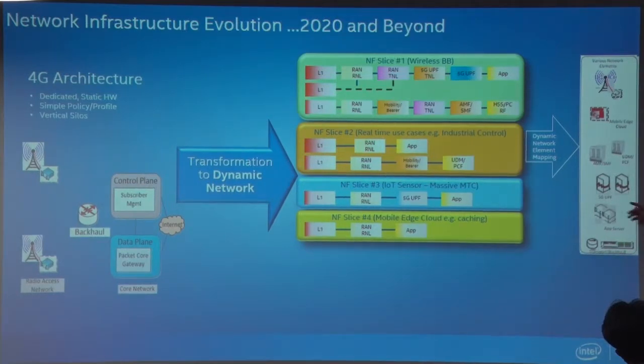In the network there's a lot happening where the device itself doesn't know that it's connecting to slice A or slice B or slice C. As long as it gets the service that it needs, it's good enough.